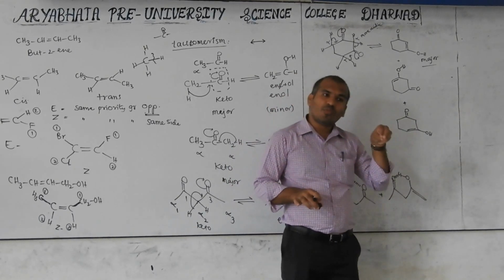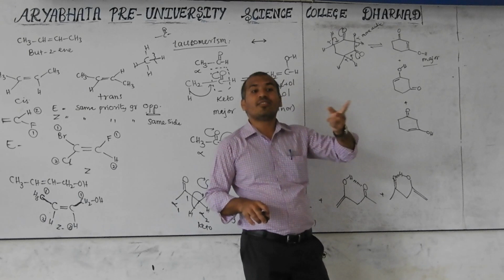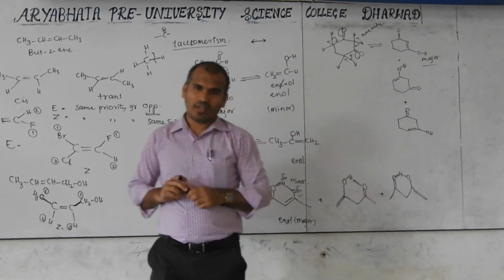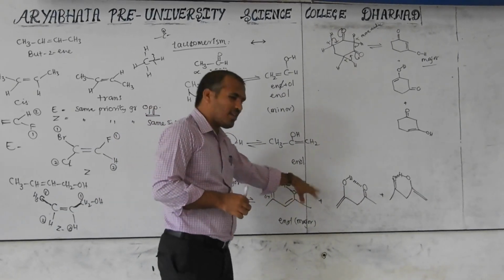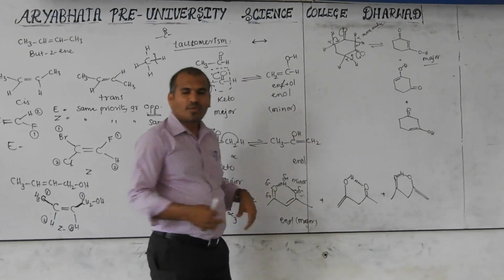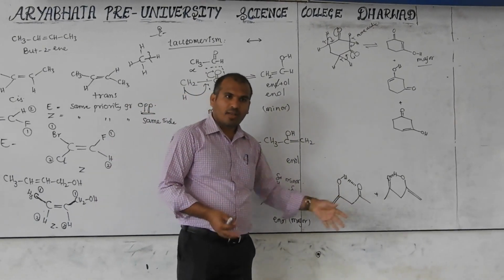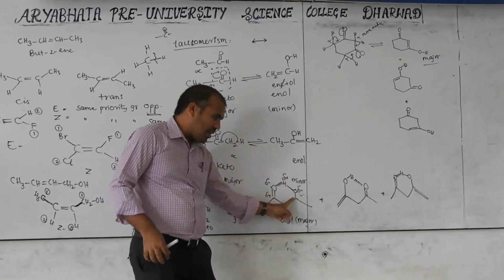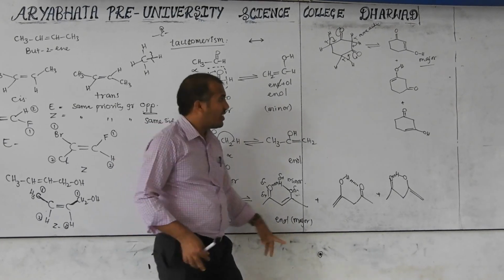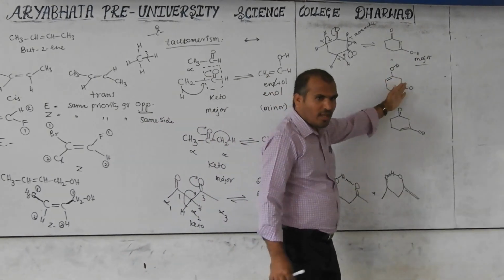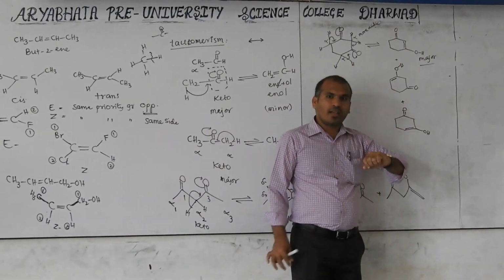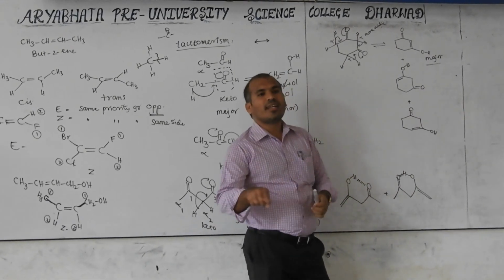But conjugated is more stable because in conjugation, resonance stabilization is there. Here there is no resonance, that's why conjugated is more stable than the other, as I explained. Here and here, the major is here only where more alpha hydrogens are there. But also, the main reason is that conjugated is resonance stabilized.